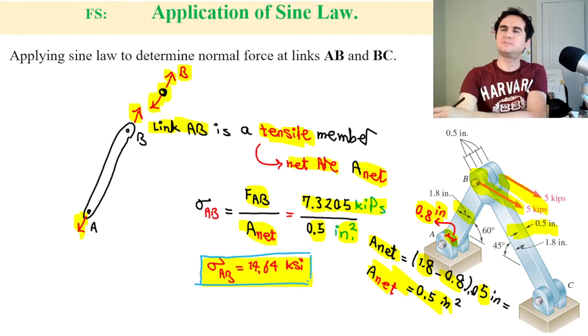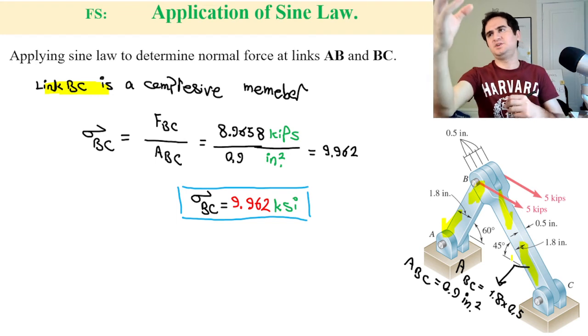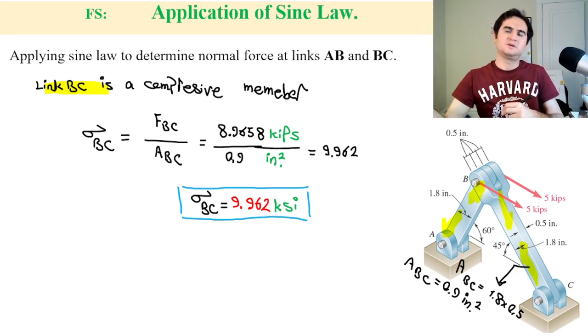Likewise, if we attempt link BC, link AB by the configuration of forces was under tension, and you can easily understand that the nature of dragging to the right forces makes a compression in link BC.